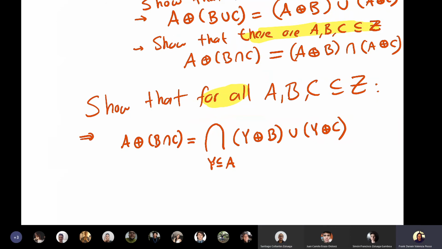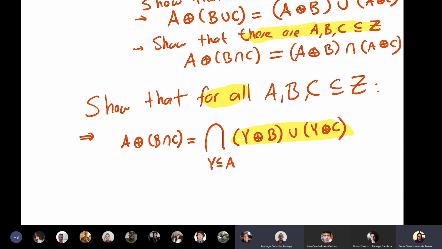So, it's the intersection of all Y's, every Y that is included in A, of this Y plus B union Y plus C. So it covers all this. So for all Y's that are in A, you do this, and then you intersect everything. Any questions with that equation? Any other questions? Something that you don't understand?